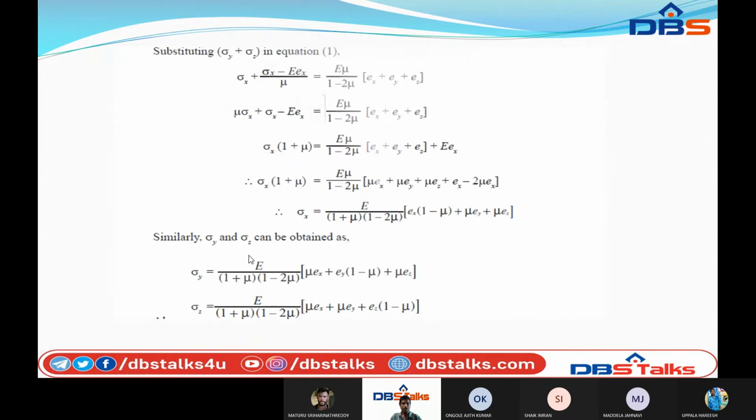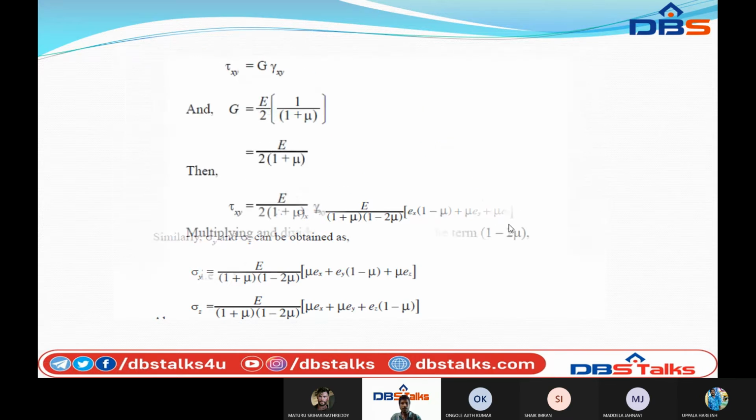In the previous slide, we got the sigma x value as E by 1 plus mu into 1 minus 2 mu as common for the D matrix, and the terms 1 minus mu and mu for Ex, Ey, Ez as written in the right side boxes, that means in strain positions. But also I am taking only the values of mu, that means the Poisson's ratio values, 1 minus mu, all zeros for the condition.